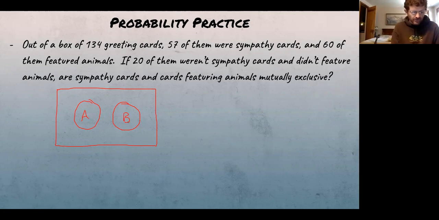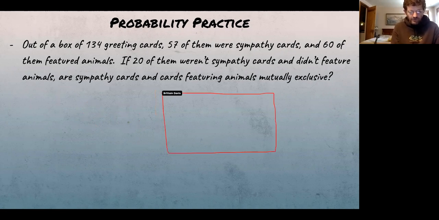So that's kind of just a quick example. So let's actually draw this in context. I've got a figurative box right here of 134 cards. I know that I have a group of cards here that are sympathy cards. I'll just put S for sympathy, and there's 57 of them.